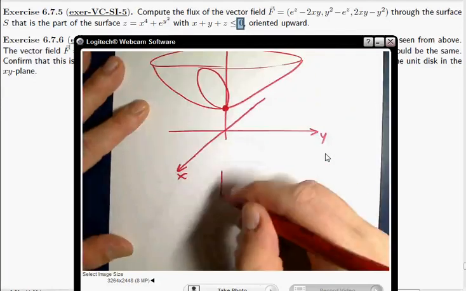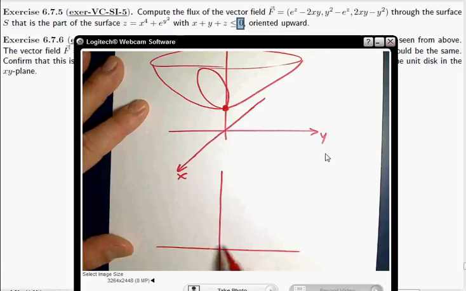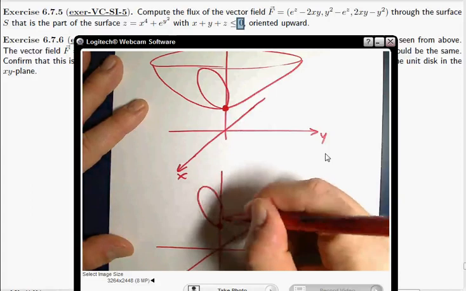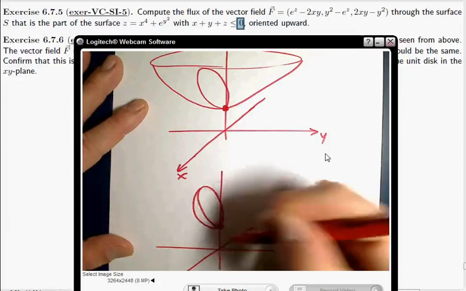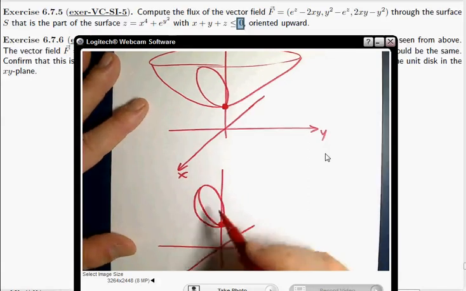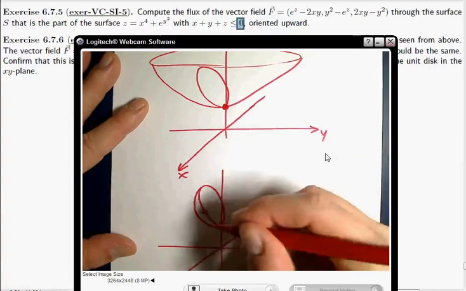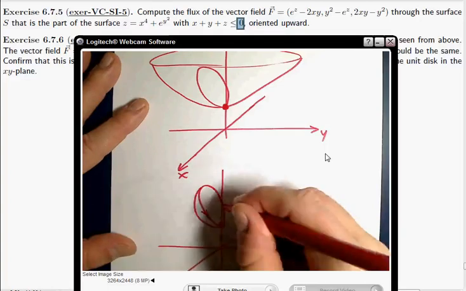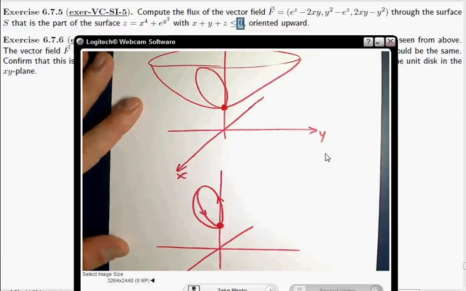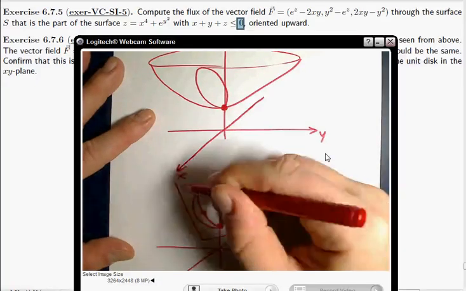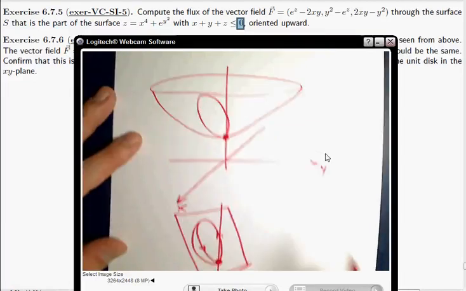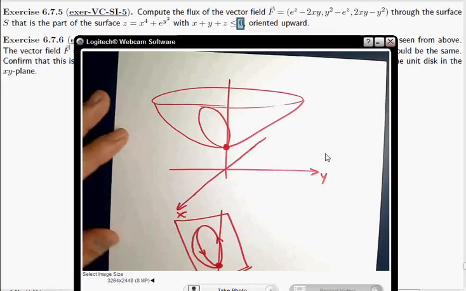The part of that surface that I'm interested in has a boundary curve, oriented upward. The boundary curve is in that plane, but the surface hangs down below that because of the shape of this thing. Does it make sense?